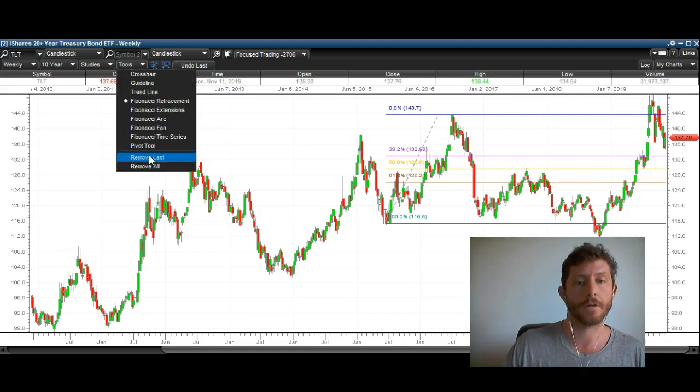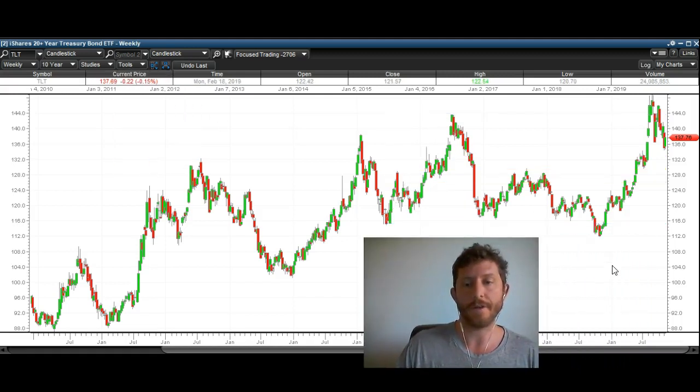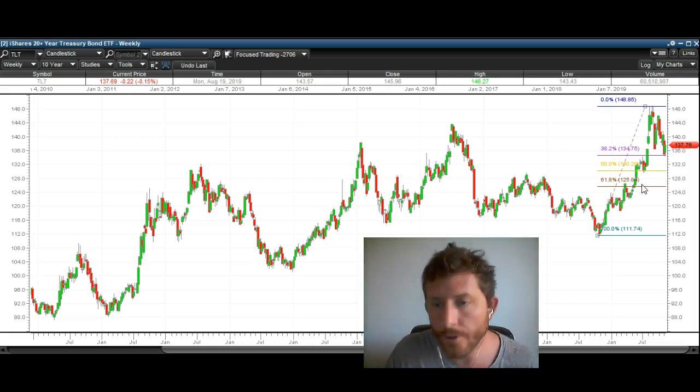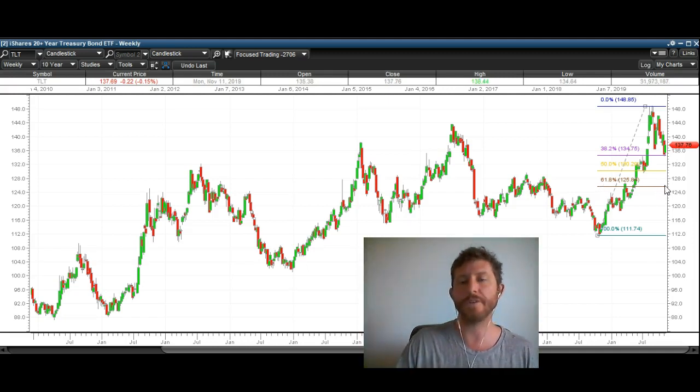Here's the run where it started right there, peaked right here, and you can see the 61.8 is down here at about 126. So 126 is where that 61.8 Fibonacci retracement level is.